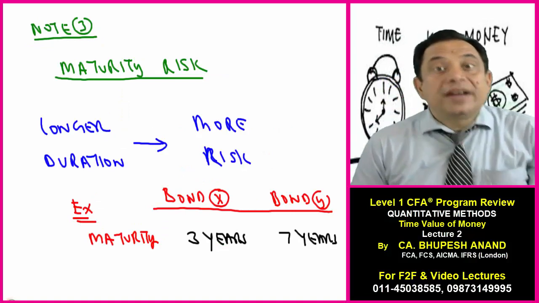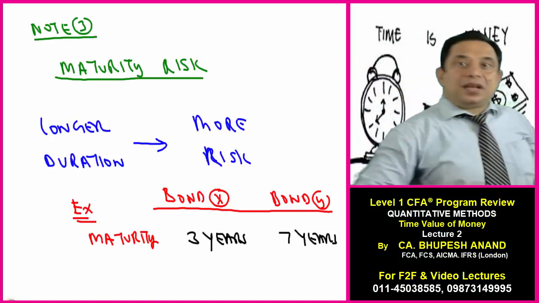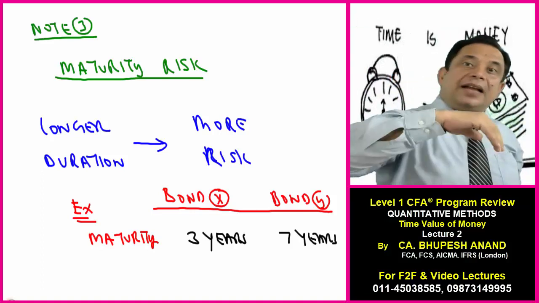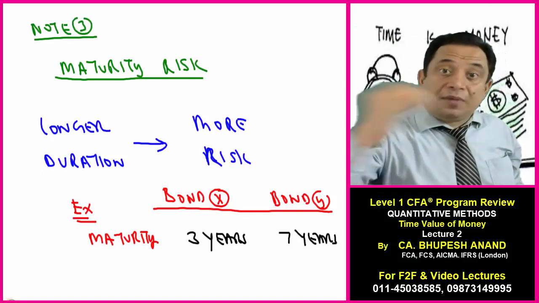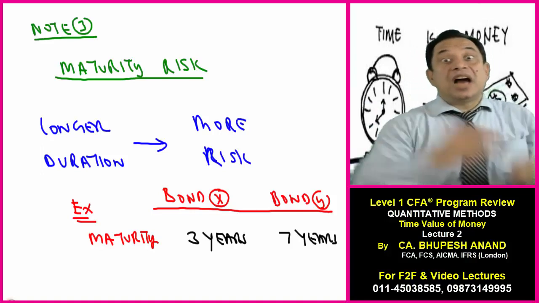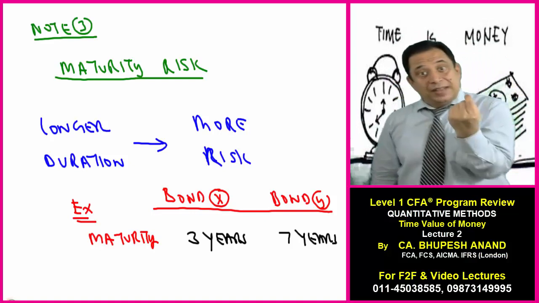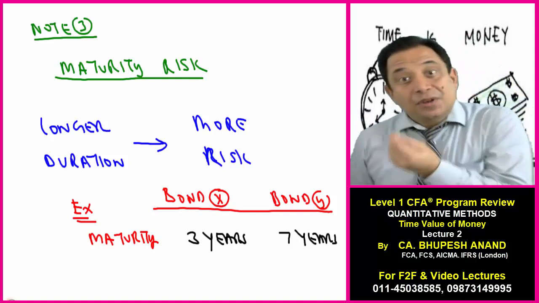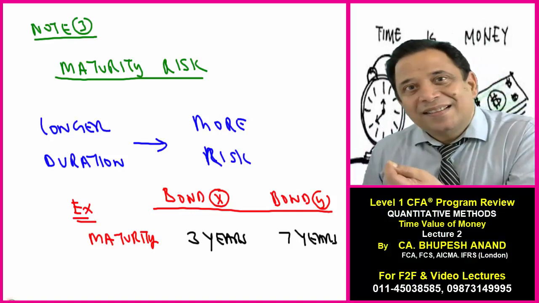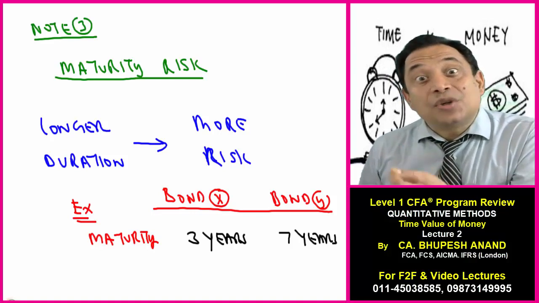And the third is the maturity risk. For example, I have invested in a bond of the company Ranbaxy Laboratories, and whether Ranbaxy will pay me back on maturity, whether the maturity value will be given to me or not. That is maturity risk. And the longer the maturity, the higher the risk. For example, let there be bond X and bond Y. If the maturity of bond X is 3 years and of bond Y is 7 years, then in bond Y there is a higher incidence of maturity risk.